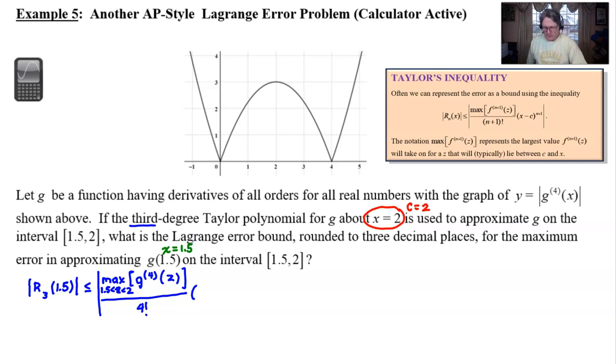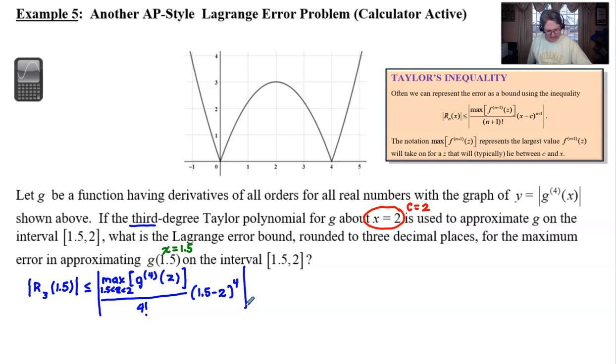And the formula does say x minus c, and that's quite fine because it doesn't really matter. If this is negative, it might be made positive by an even exponent, which in this case it is. But even if this power was odd, let's say that we were using a fourth degree polynomial and this was a fifth power, the absolute values are going to wipe away any negative that we have, right? We're just focused on a positive error, okay?